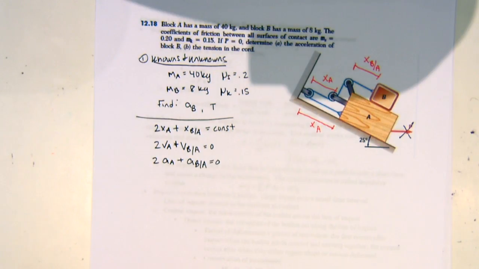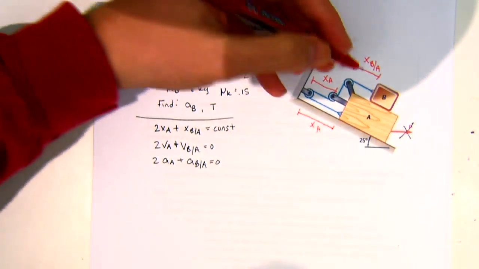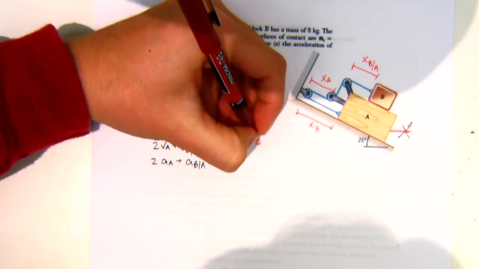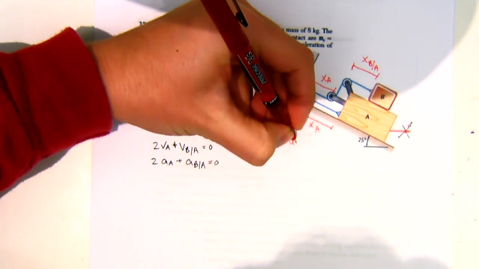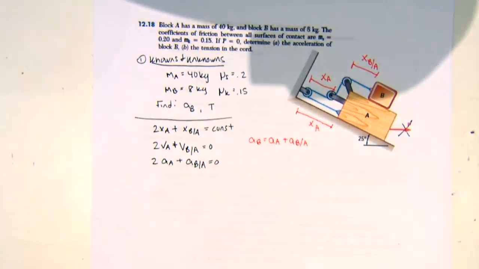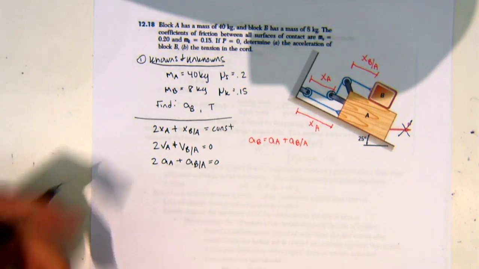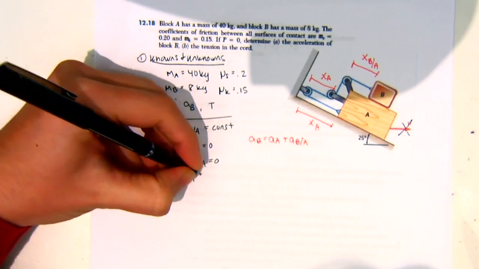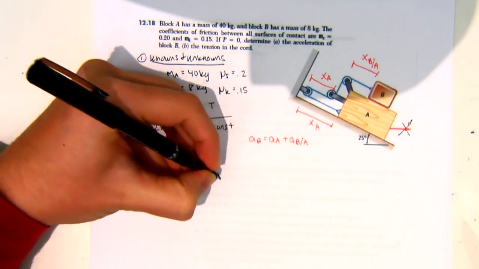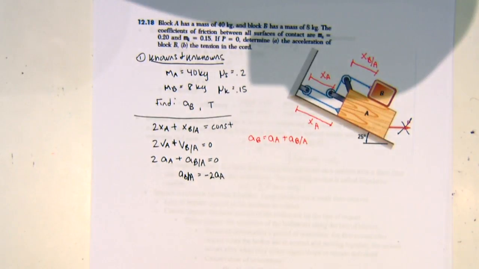So we also have equations for relative acceleration. So we know that the acceleration of B is equal to the acceleration of A plus the acceleration of B relative to A. So that's another equation that we have. So if I solve for this one here, I could say that AB relative to A is equal to negative 2 times the acceleration of A. Agreed?